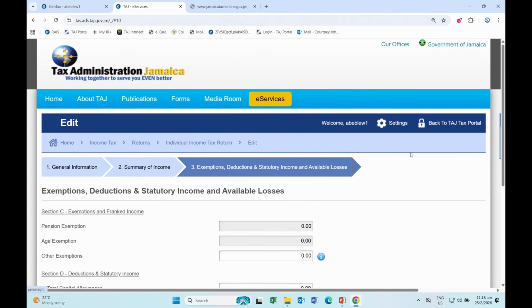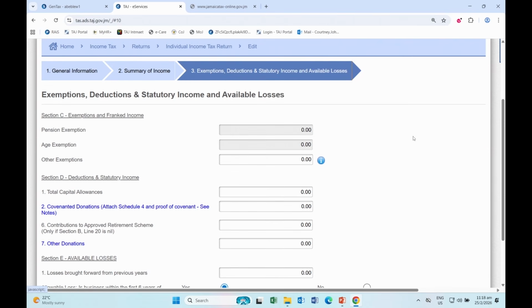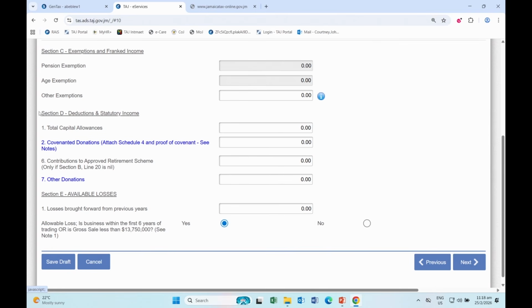All right. Now this section speaks to exemptions, deductions, and statutory income and allowable losses. The scenario said he had capital allowance, he had donations, and he had some losses carried forward from 2024. So we're going to be identifying those line items. What I should point out, for the capital allowance, you would have had to complete a Schedule 2.